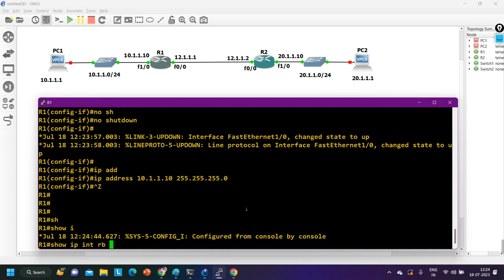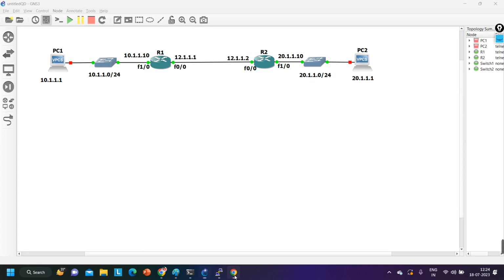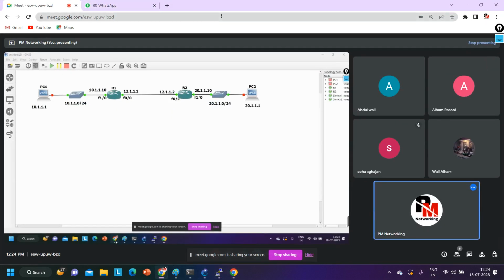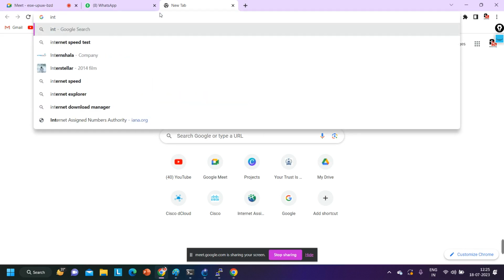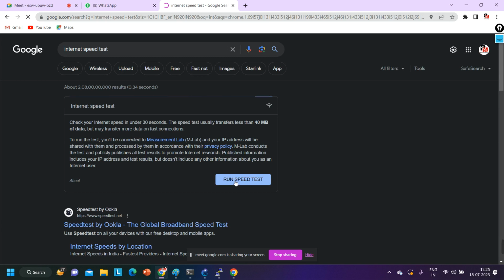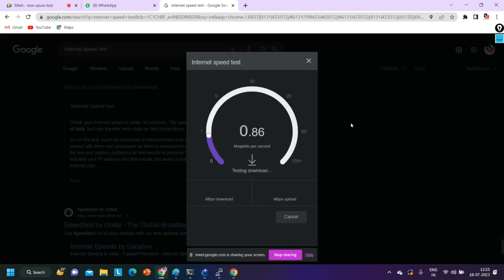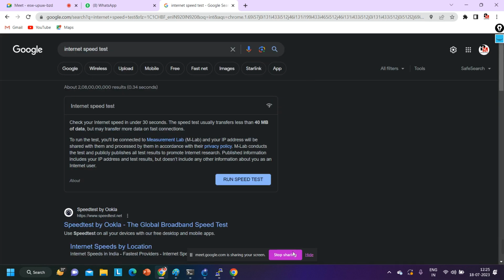The show IP interface brief command doesn't work, sir. It's not working. Can you move your cursor to see if it is working? I am moving my cursor. Let me check my internet speed. Internet is also working fine. We don't have any problem with internet. I think you shared only GNS3, but now you moved router one somewhere else.